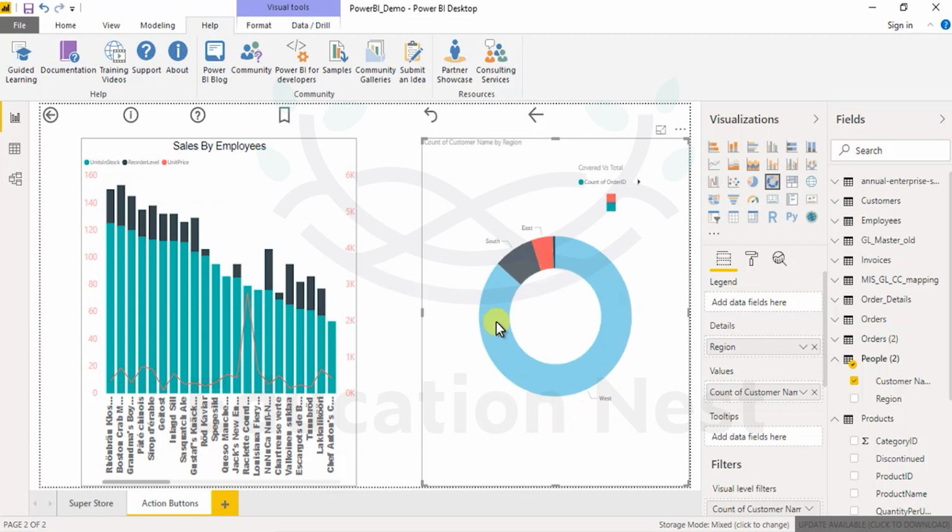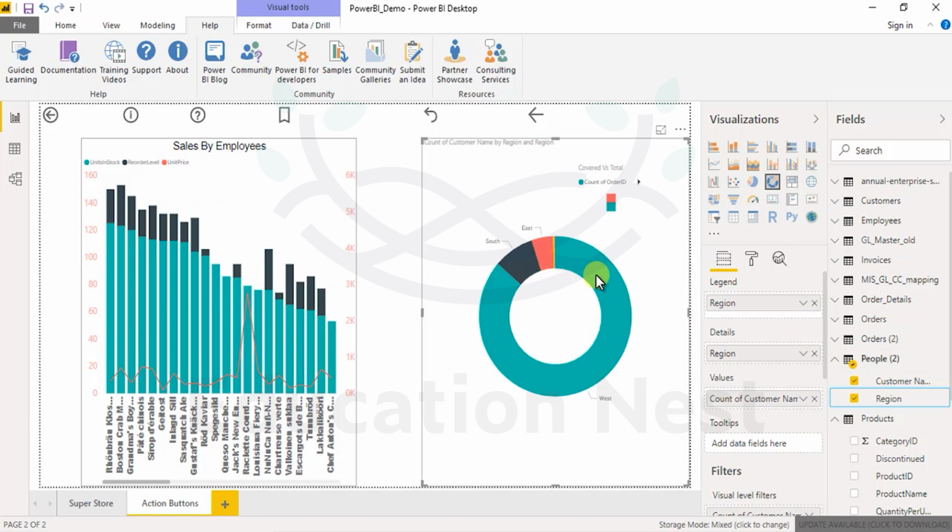Any additional column data you would like to see, you can keep in tooltips. This is the legend. If you have something else related to it, you can show it in the legend. Overall, this is what the donut and pie chart look like.